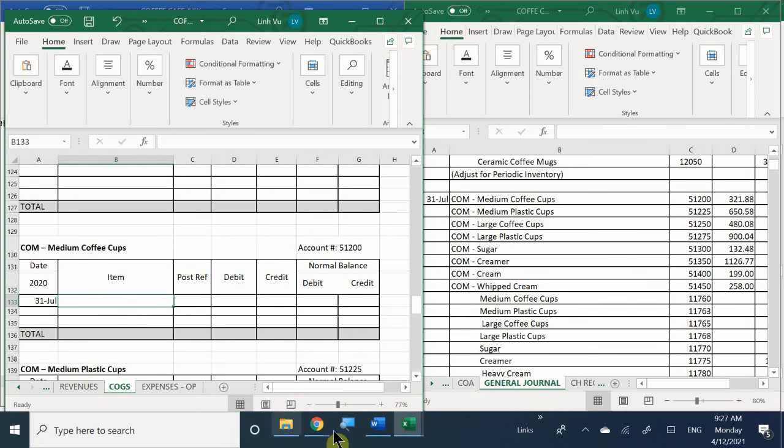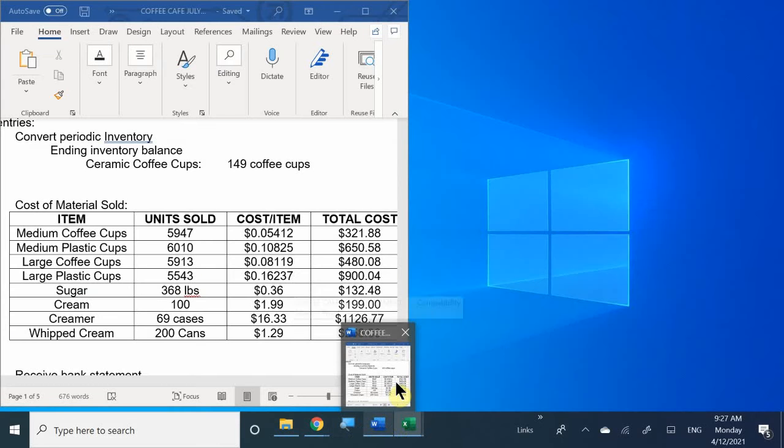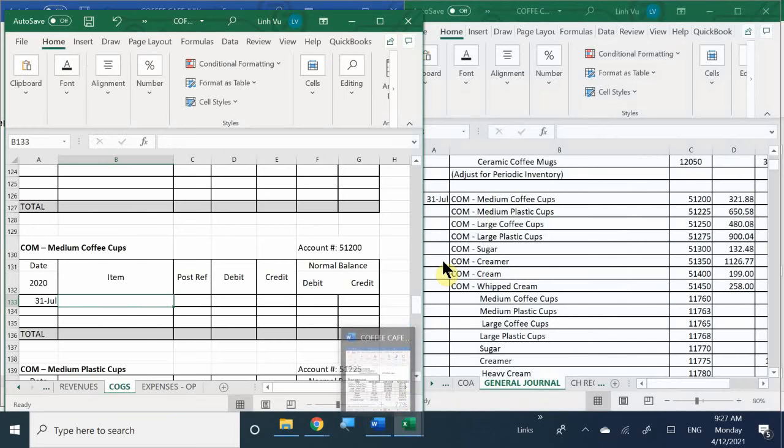How many cups did we use? 5,947. Okay, for how much? 3,280. Good.